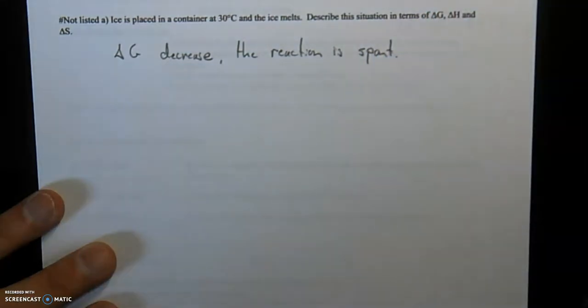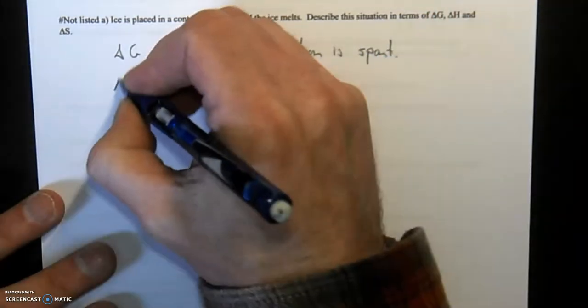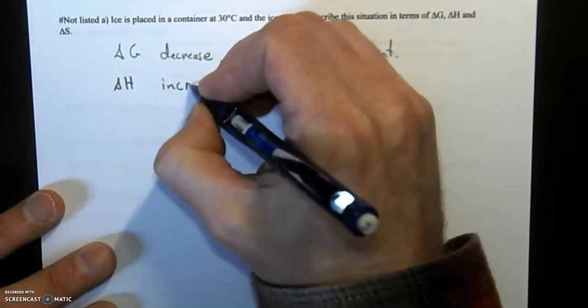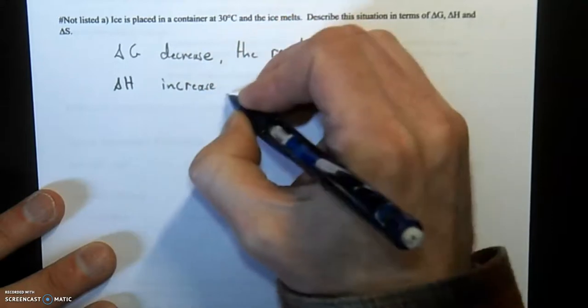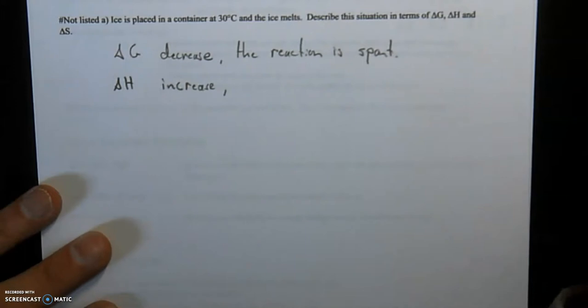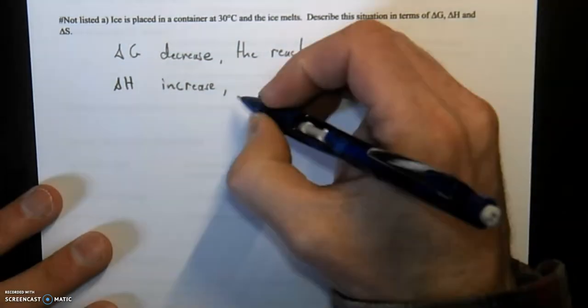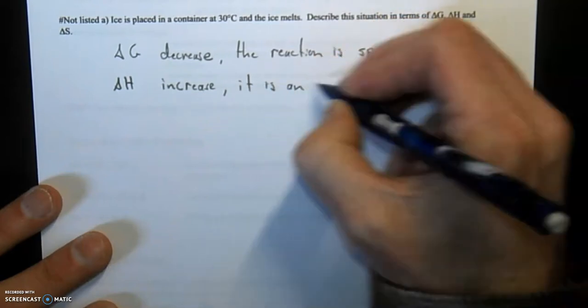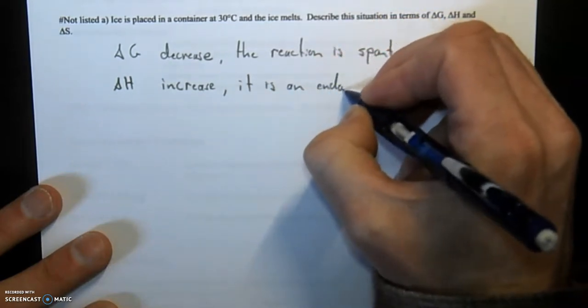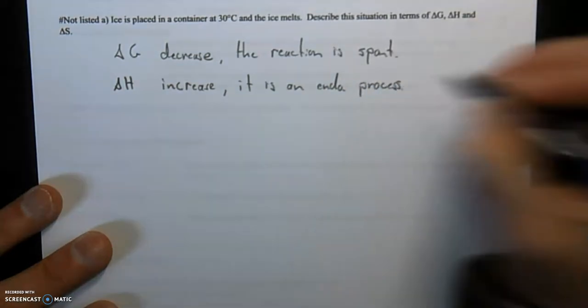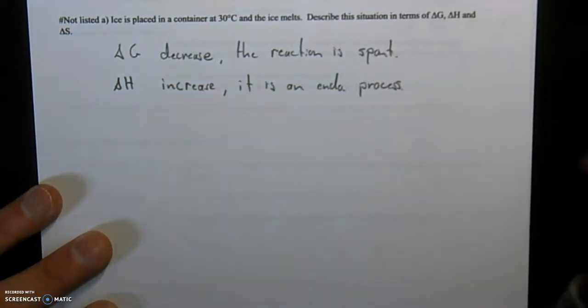Okay, let's look at delta H. That I would assume would increase. And the reason, again, I'm talking about the system, which is the ice. That should increase because it is an endothermic process. It's absorbing heat from the surroundings. So it's taking energy in. That's a positive value.